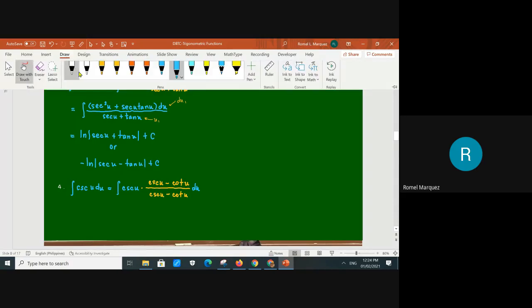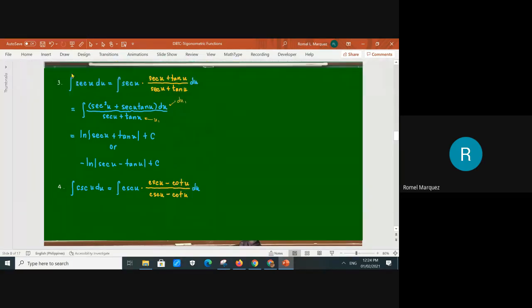So this is now equal to the integral of cosecant squared u minus cotangent u cosecant u, multiply this by du, and then the denominator we just copy.